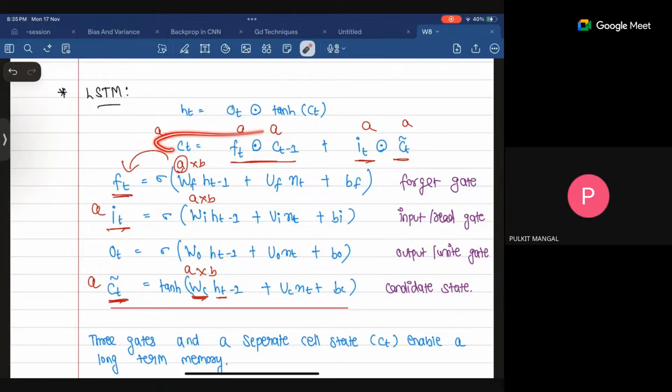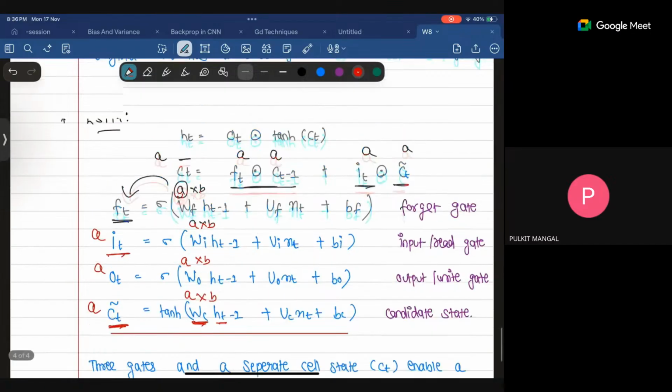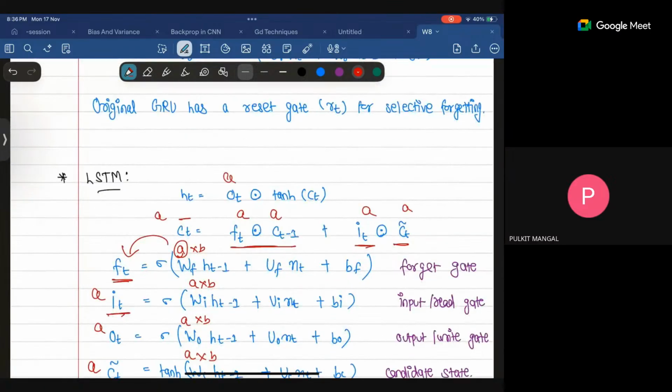Then this CT will be passed to the tanh, which is not going to change its dimension. Then it's going to get element wise operation with OT, so for it to be compatible, OT also should have dimension A, and for that WO should also have the dimension of A cross B. And once we get OT as A, the HT finally will have the same dimension A.